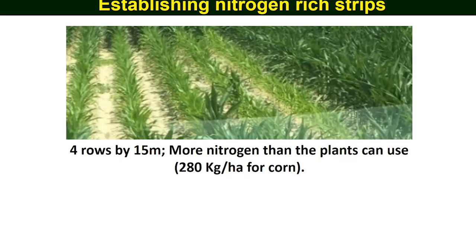Is that right? Is that right? If we get equal numbers from enriched and the field, it means even if we apply that excessive amount of nitrogen, you will get the same number.